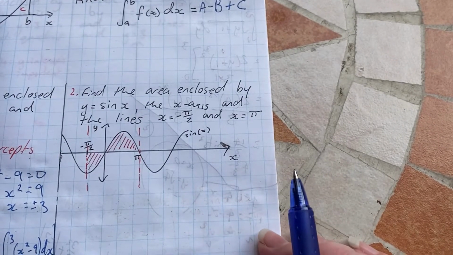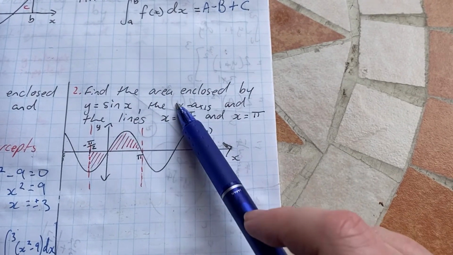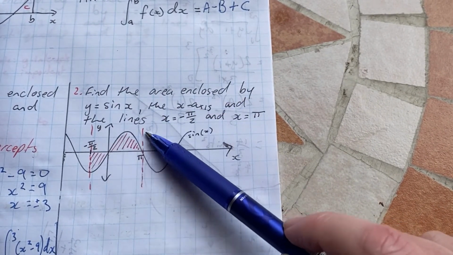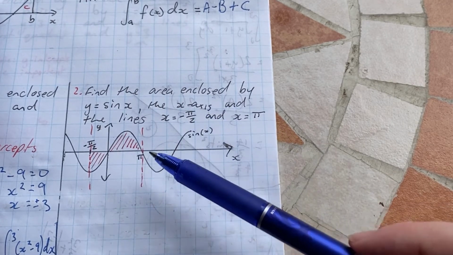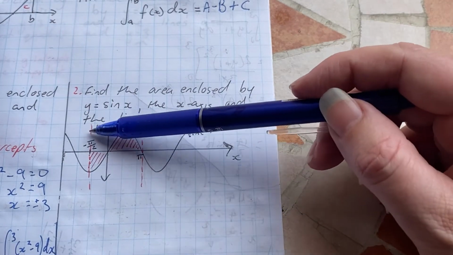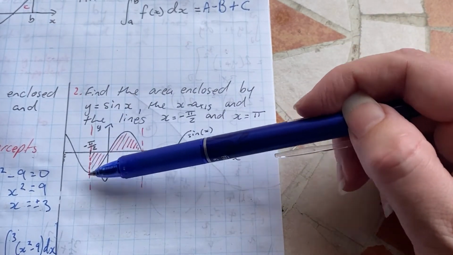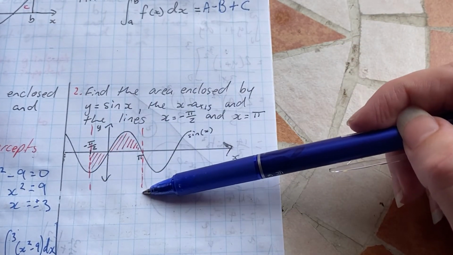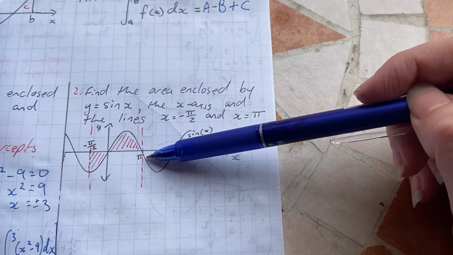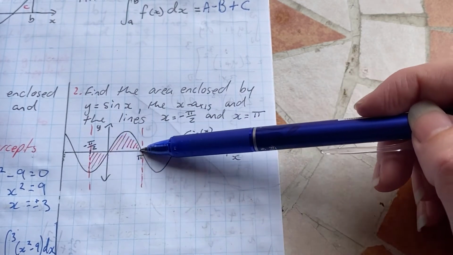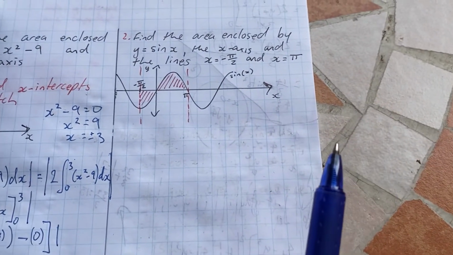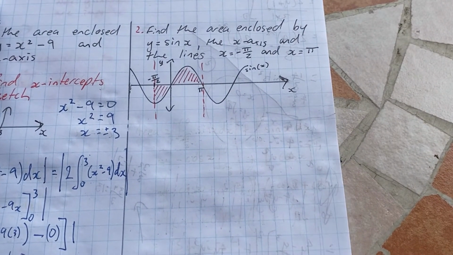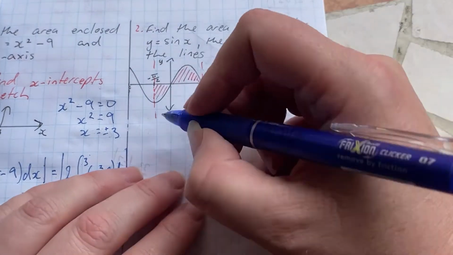Here's a second example. Find the area enclosed by y equals sine x, the x-axis, and the lines x equals negative pi on 2 and x equals pi. So I've drawn a sine curve. X equals negative pi on 2 is here, x equals pi is here. Now, interestingly, if I'd gone negative pi to pi, I would have got 0 because it is an odd function, but I didn't. Now what we're going to have to do here is actually break up our integral a little bit.